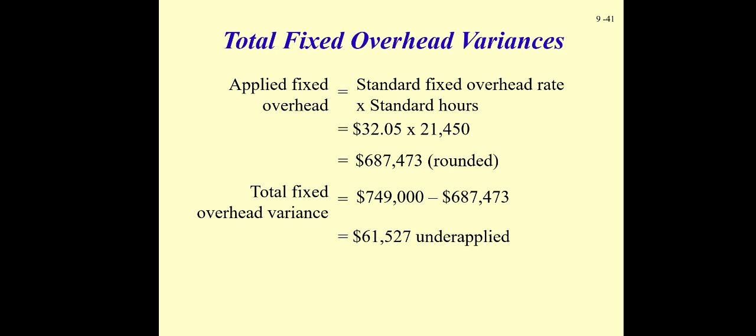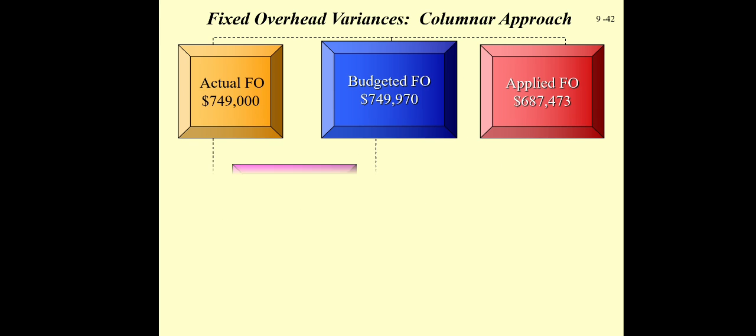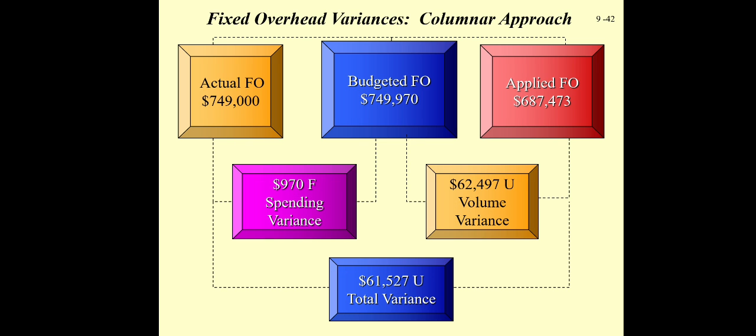The 749,000 is coming from the previous slide data, and that is, I think, the actual fixed overhead, and then the 687,473 is the applied overhead. So the difference is 61,527 under applied. This is the columnar approach.